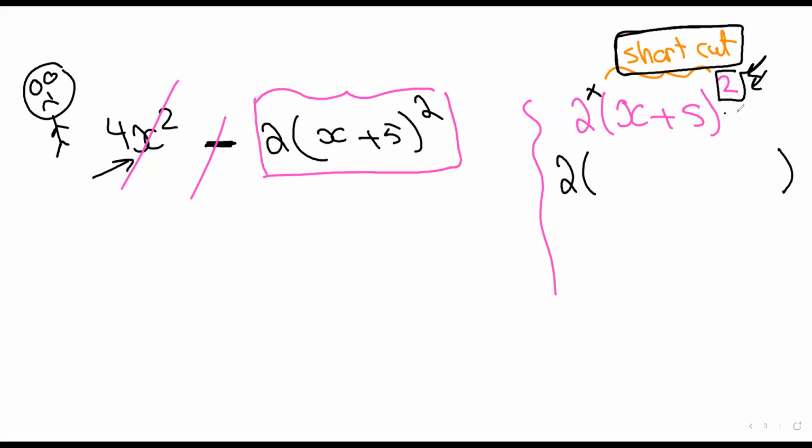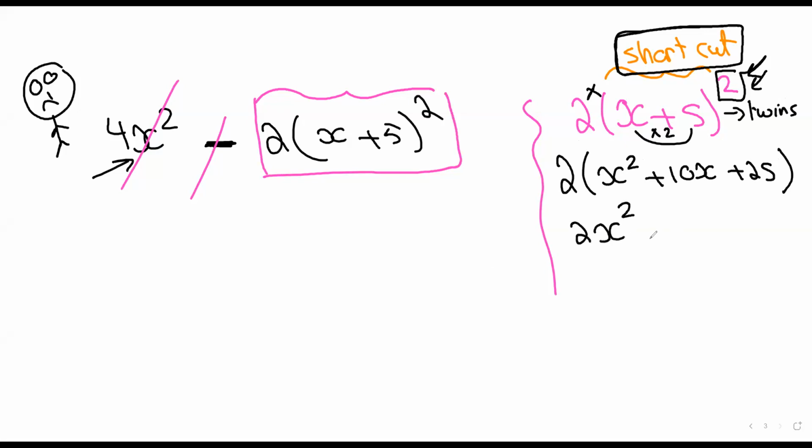The expansion of twins is: square the first, plus first times second times 2, plus square the last. And then I will multiply by 2, ending up with 2x power 2 plus 20x plus 25 plus 50.